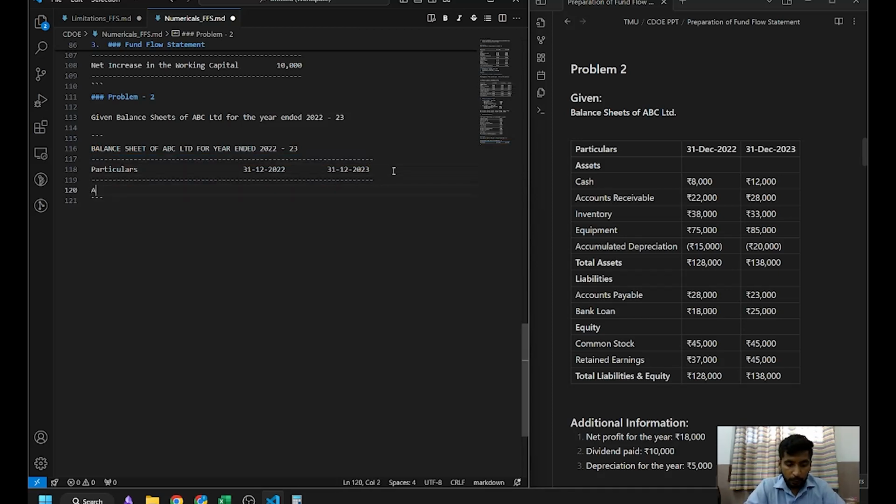Okay. We have assets. Assets में सबसे पहले cash, then accounts receivable, inventory, equipment, accumulated depreciation, making our total assets.